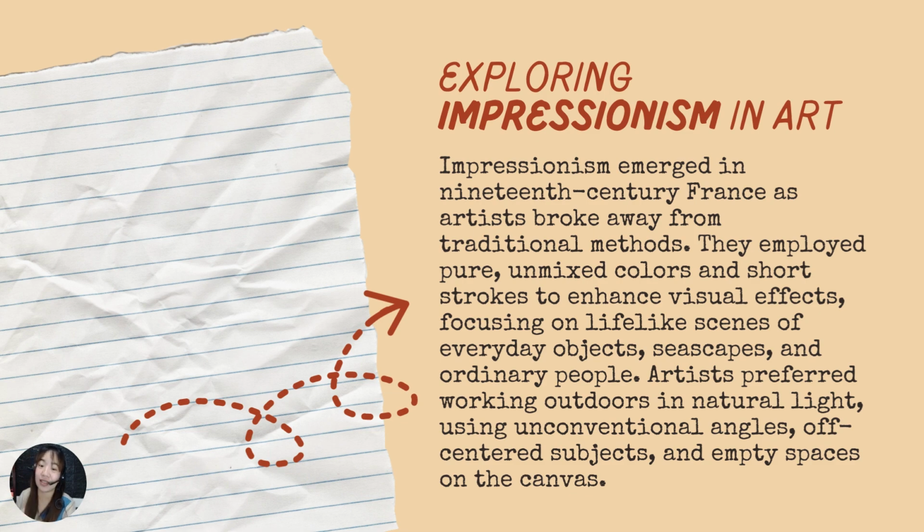Let's read this again. Impressionism emerged in the 19th century, as I said. They employed pure and mixed colors and short strokes to enhance visual effects, focusing on lifelike scenes of everyday objects, seascapes, and ordinary people. Artists preferred working outdoors in natural light using unconventional angles of centered subjects and empty spaces on canvas.